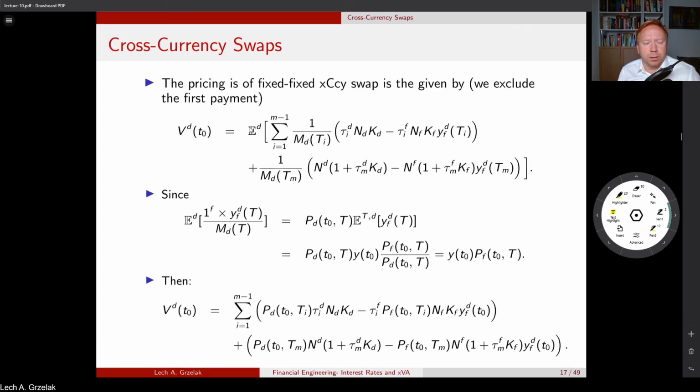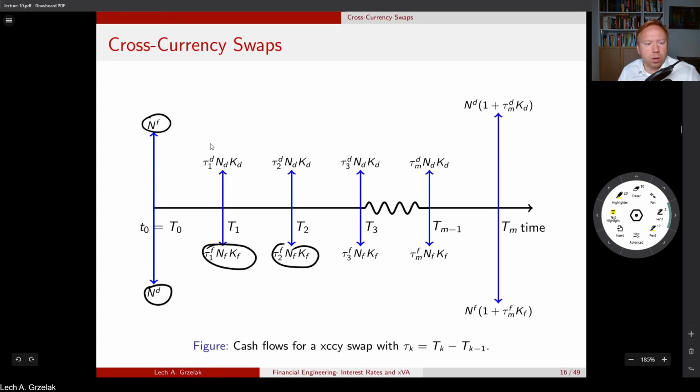So here's the structure to value this payoff. In this representation, the initial notional is excluded, because essentially it doesn't play a role. This is just a deterministic exchange. At this point, we know exactly what amount we receive, so it doesn't play a role in the evaluation.